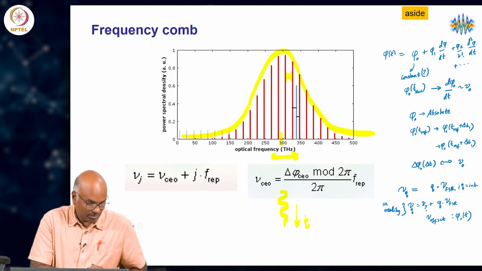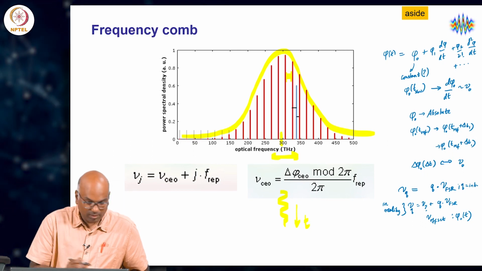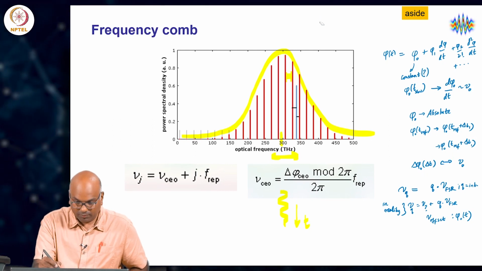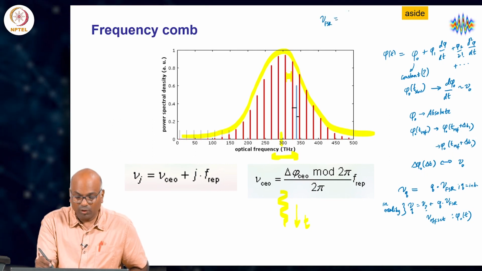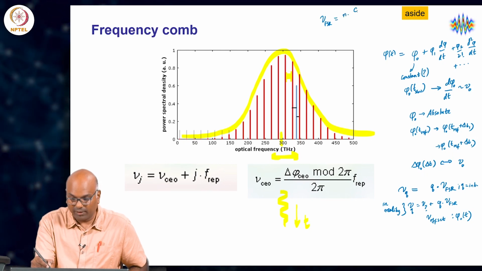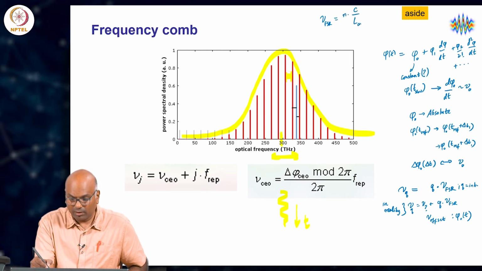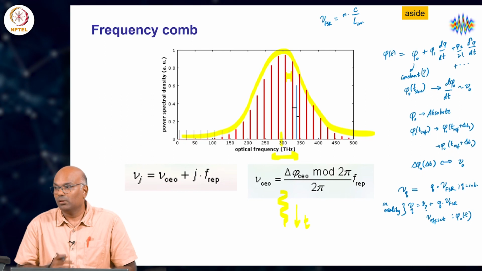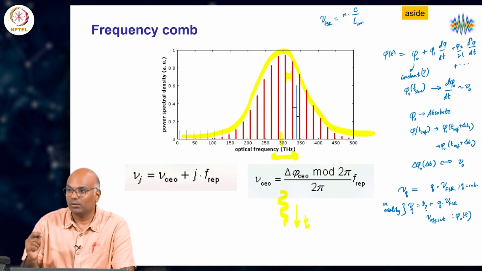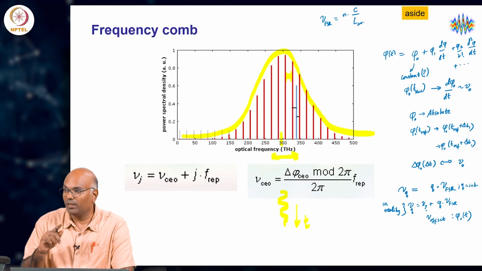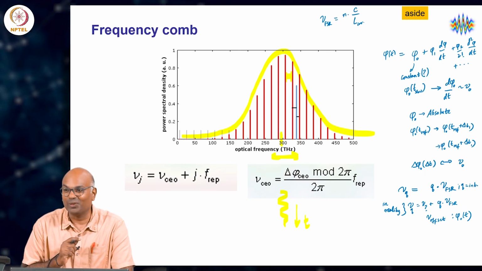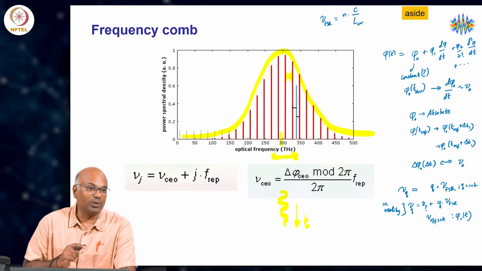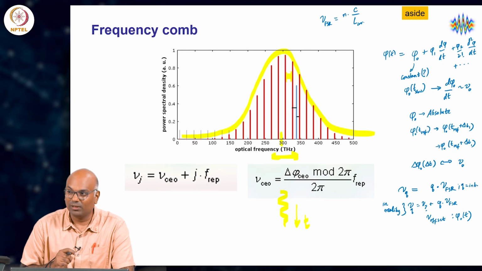Because nu FSR is some refractive index of a medium times c divided by the cavity length. That is all. And you define the frequency very well, and that is connected to a fundamental constant. That is the beauty of it, you see. That is also the idea of current modern SI units and metrology.